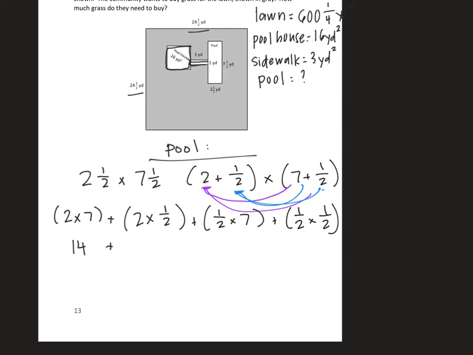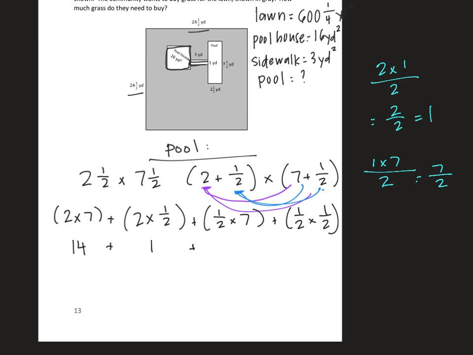All right, if I say 2 times 1/2, that is going to give me 2/2, which is the same as 1 whole. So now I have 1 whole here. Plus, all right, I have 1/2 times 7. So 1 times 7/2. All right, that's going to give me 7/2.